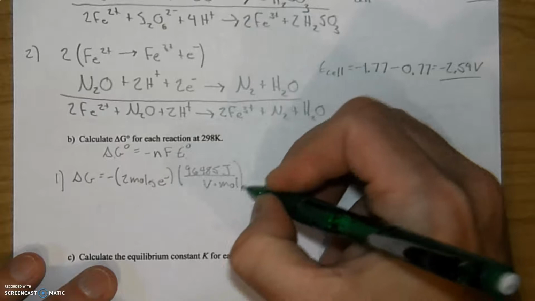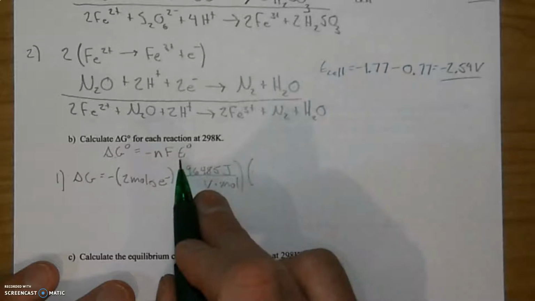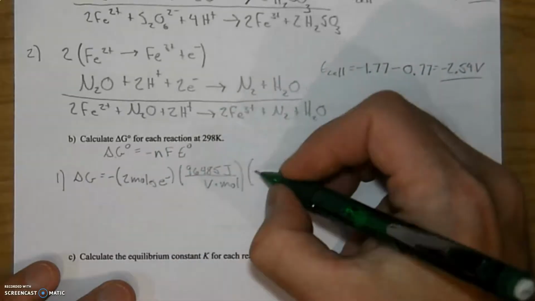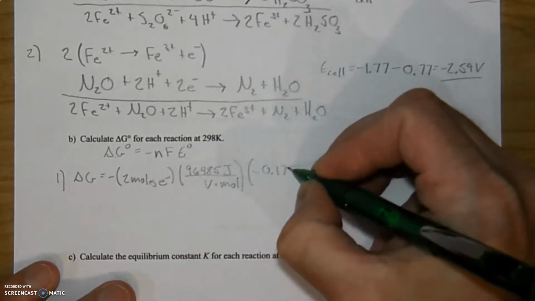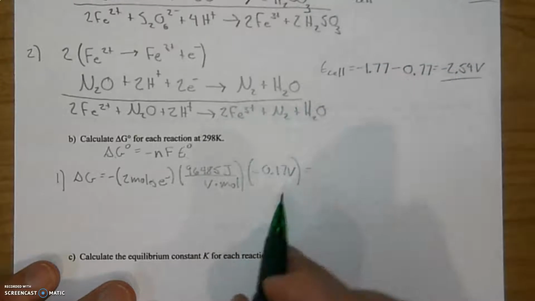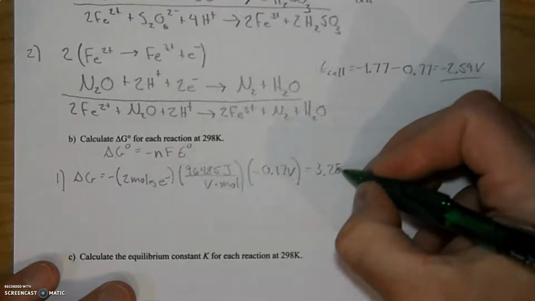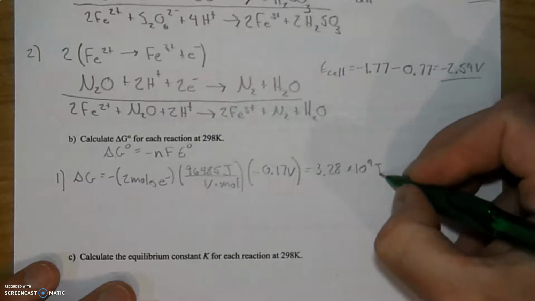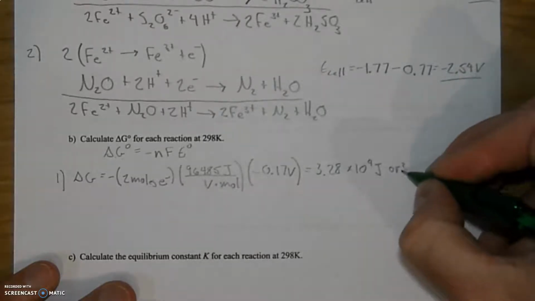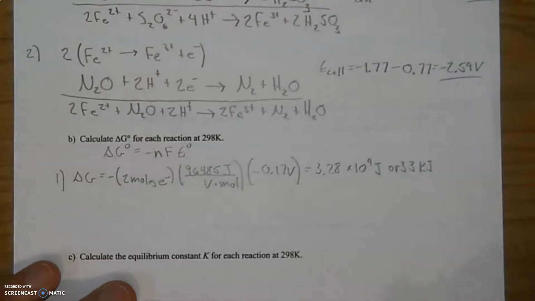And I'm doing this so we can get a meaningful answer at the end. Times the cell potential that I had from above, which is negative 0.17 volts. And if we go through and cancel out the units, we'll have an answer of 3.28 times 10 to the 4th joules, or 33 kilojoules for an answer. And that's what delta G is.